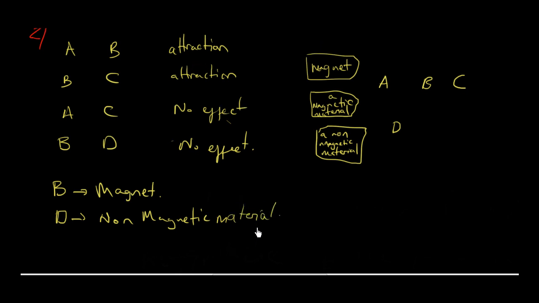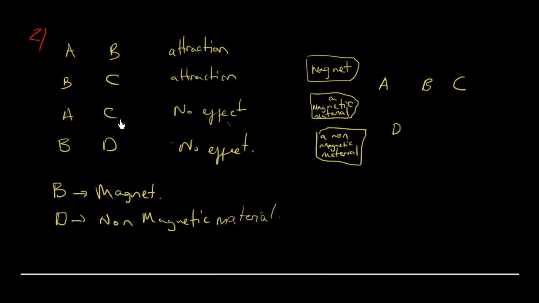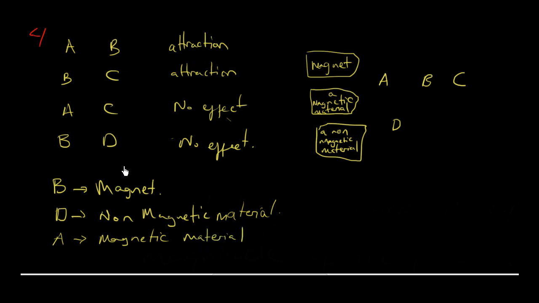And what would that give us for the rest? Well, if B is a magnet, and A and C have no effect between them, and A and B have an attraction, then let me say that A is a magnetic material, and see if everything fits together. If A is a magnetic material, then A and B would have an attraction, that's correct. And here A and C have no effect.